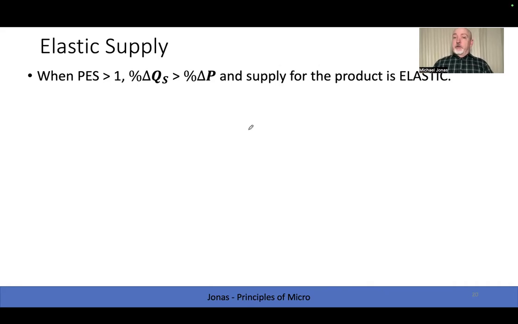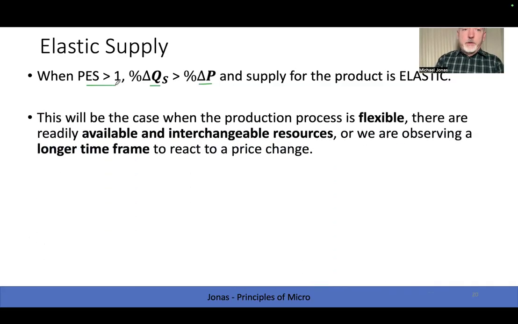So from the seller's point of view, what that's saying is if I can earn a little bit more revenue per unit, I'm going to be able to really take advantage of that to put a lot more of my product onto market. So that change in quantity is going to be larger than the change in price that caused it. And the resulting ratio, that PES, percent change in quantity over percent change in price, numerator greater than the denominator, is going to be greater than 1.